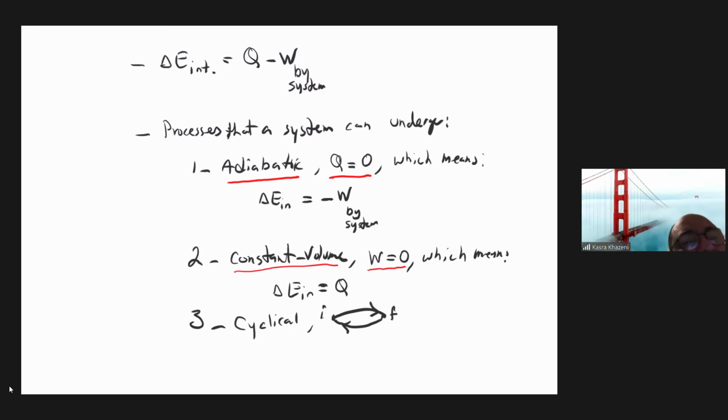And remember, the internal energy change only depends on the initial and final state. So if it goes back to the initial state, that means delta E internal is zero. Remember, that was the whole point of being a state function, which then means Q is equal to the amount of work done by the system.